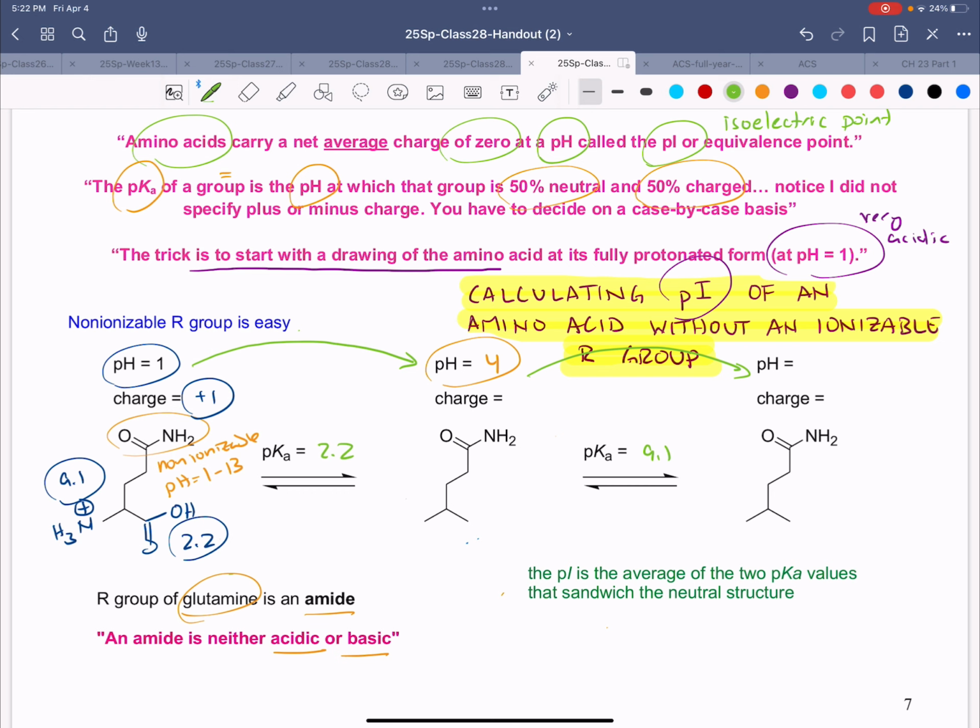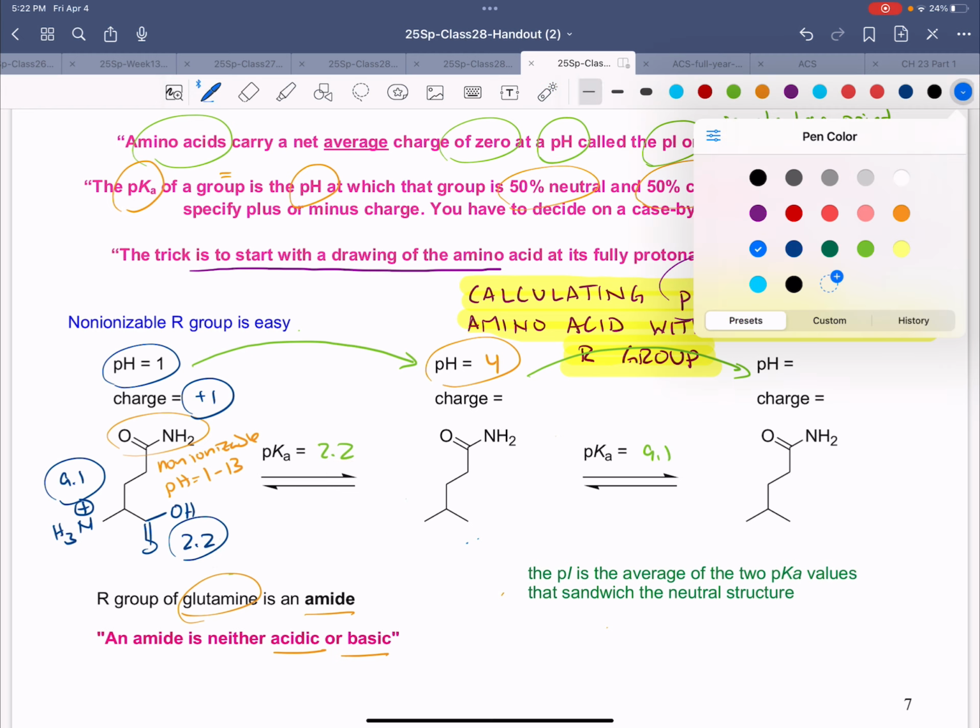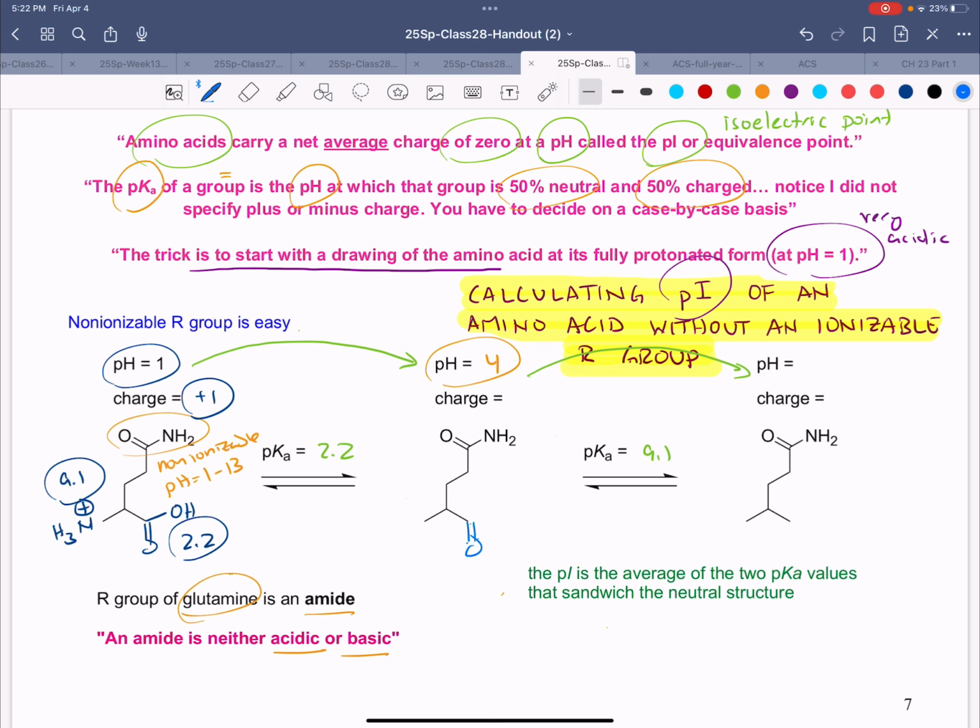So what happens when we go past 2.2? We become basic enough to remove this proton here. See, 2.2, we cross over it, we get rid of this hydrogen. So I will draw the carboxyl group now like that. Are we basic enough to remove this proton?